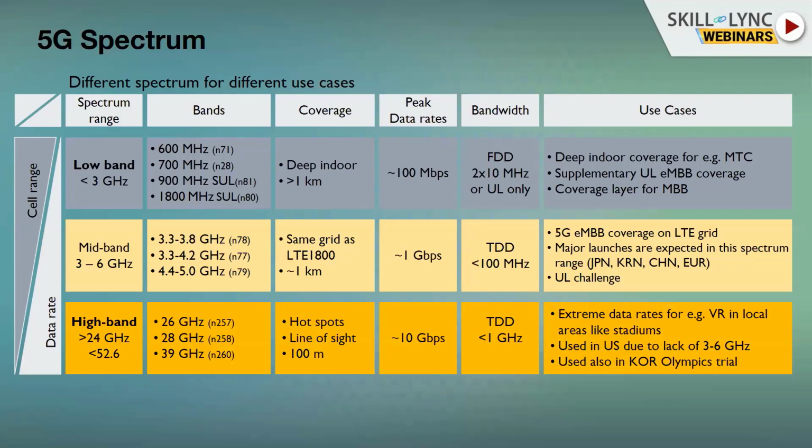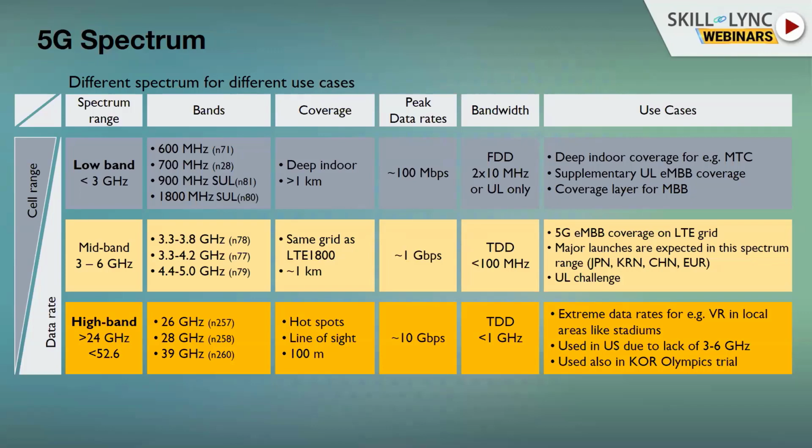Millimeter waves have several bands available, which means they will provide huge capacity and throughput. They are optimized for extremely high data rates for local hotspots or for fixed wireless connections.